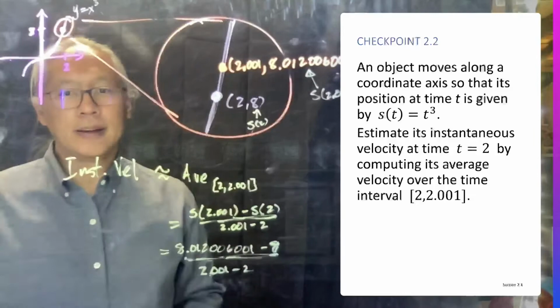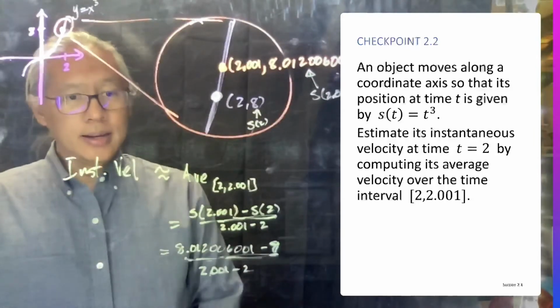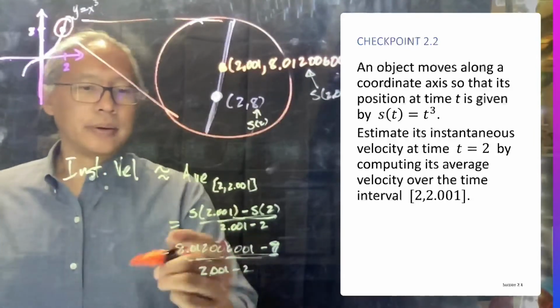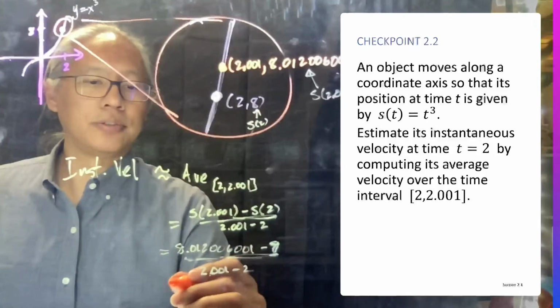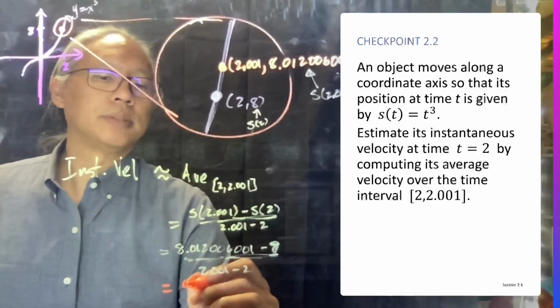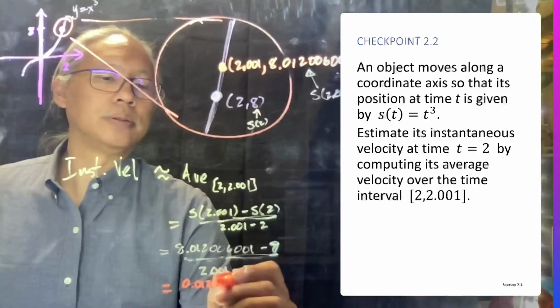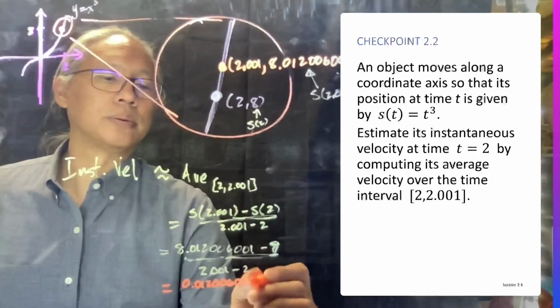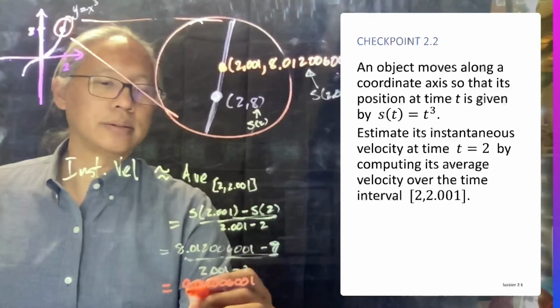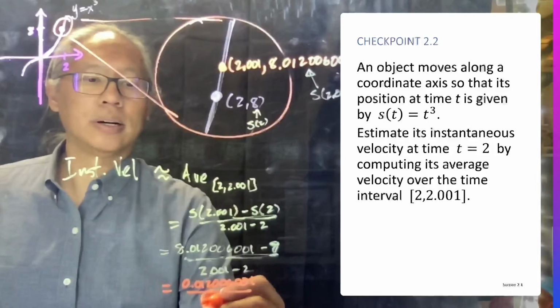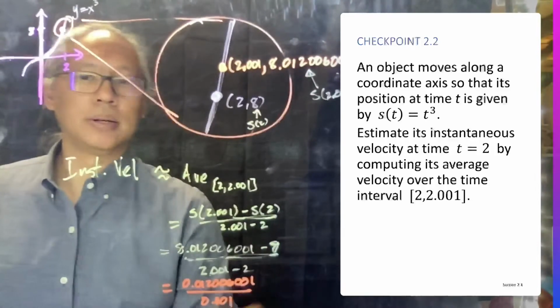Okay, now the whole numbers go away, and it looks like we just have 0.012006001, since the 8's cancel, and then here we have 0.001.